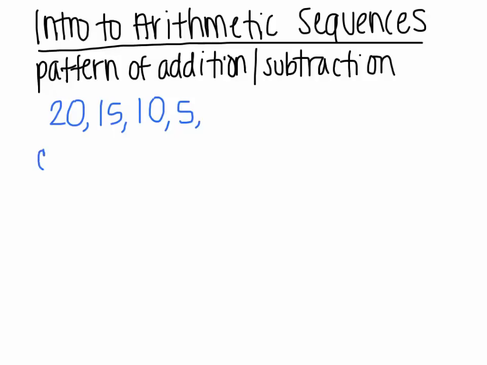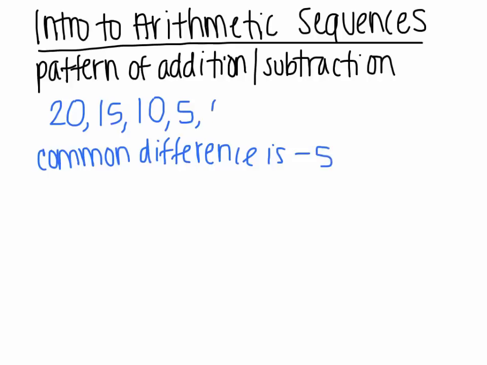You are so right. That common difference is -5. That means that the pattern subtracts 5 every time you move down the sequence. Now, let's first talk about some notation here. That first term is 20.